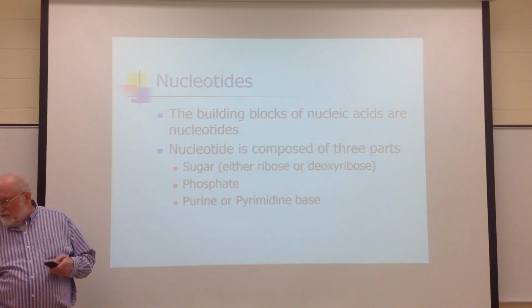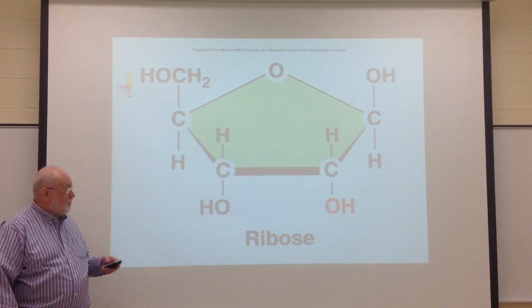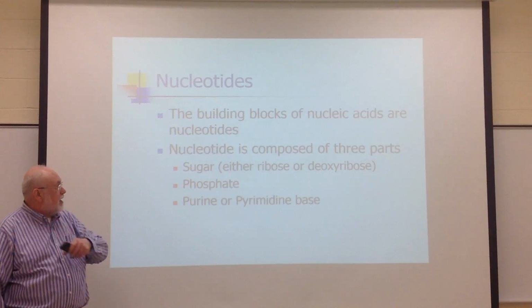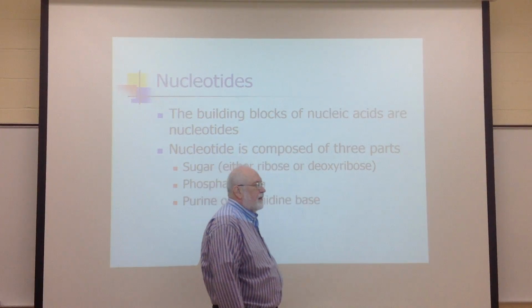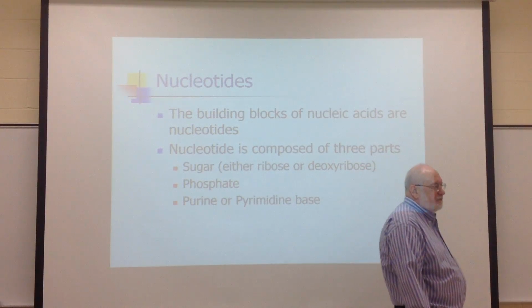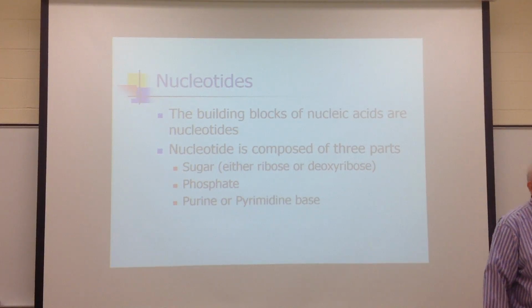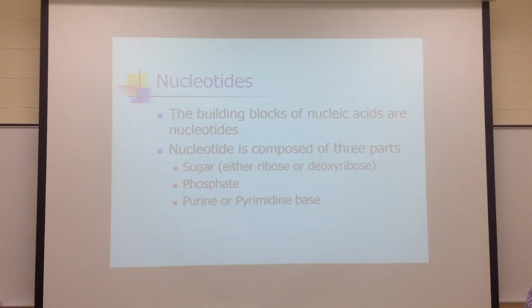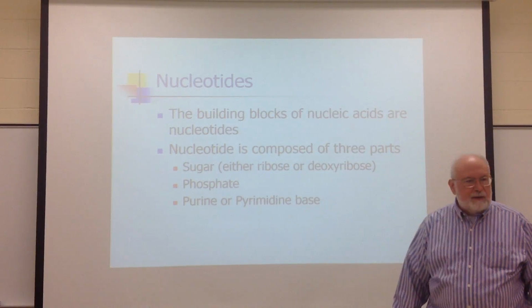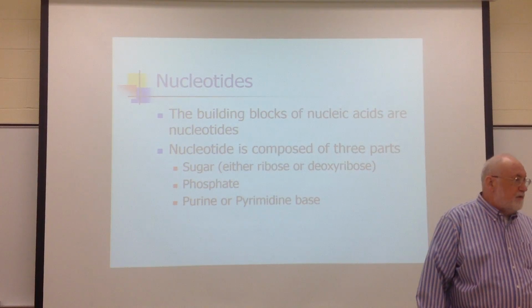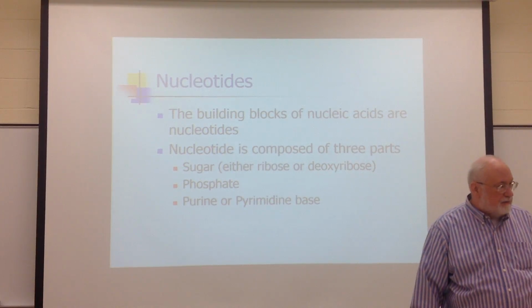Now, what makes up a nucleotide? Nucleotides have three components. They have a sugar, they have a phosphate, and they have a base. Well, the sugar is either ribose or deoxyribose, depending on which kind of nucleic acid you're talking about.